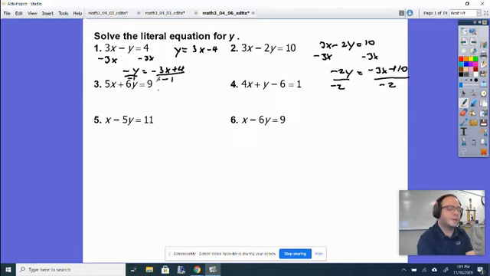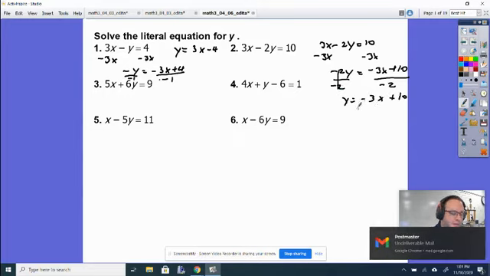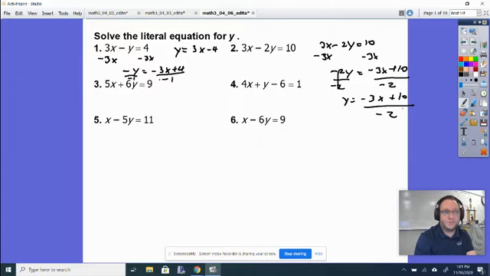I only really need to do it here because it's a 1, because dividing by just positive 1 wouldn't really do anything, and the negative 1, all it really does is change those signs. So these cancel. I'm left with y equals negative 3x plus 10 over negative 2. Okay, and again, that's pretty much the section. If you can do that, you're going to be fine.